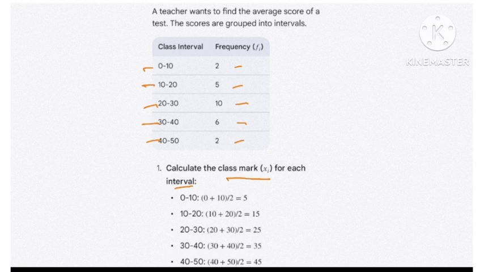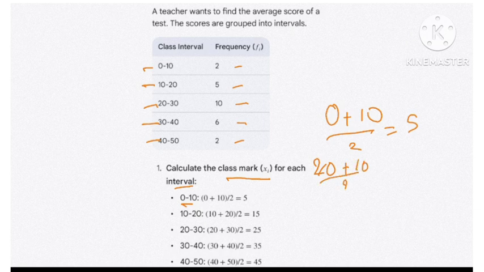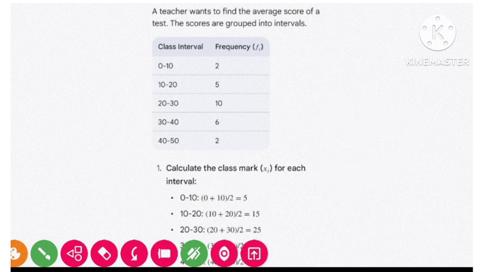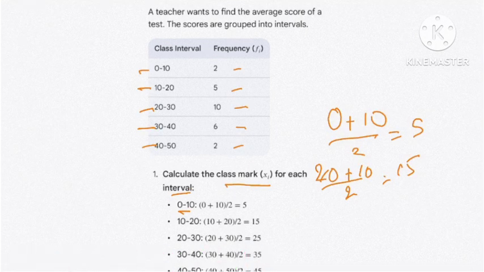For the class interval 0 to 10, we write 0 plus 10 divided by 2, which will give you 5. This is the first one. Second is 20 plus 10 divided by 2, which will give you 15.